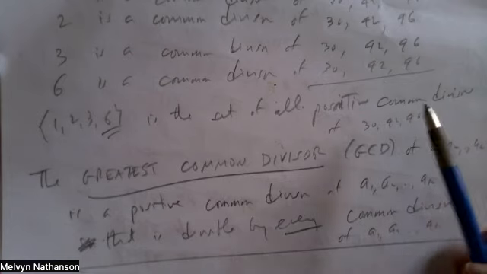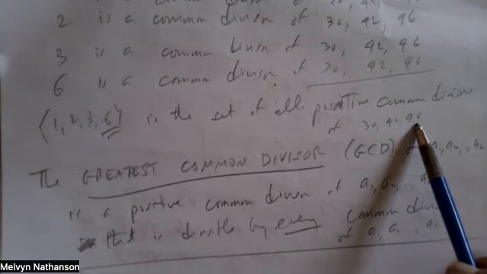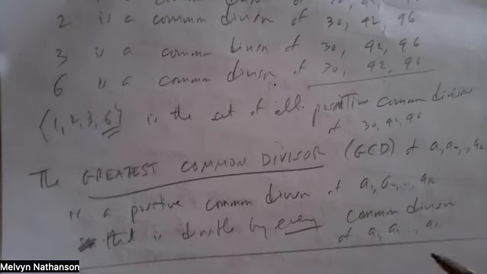So the greatest common divisor of 30, 42, and 96 is 6.